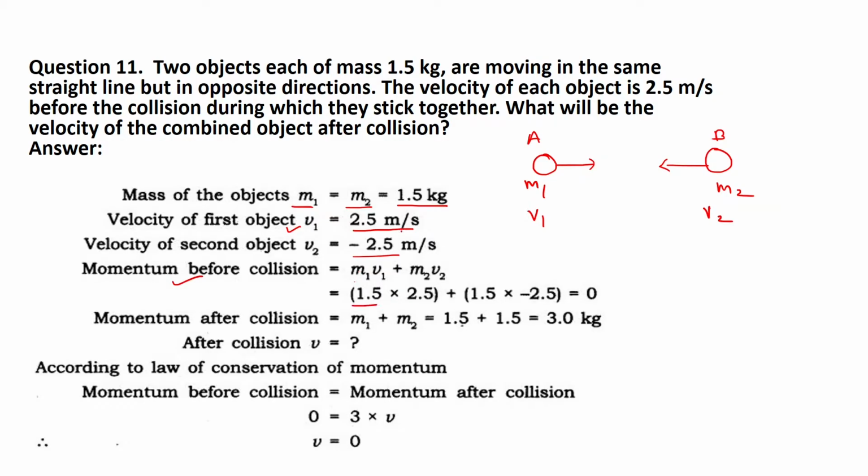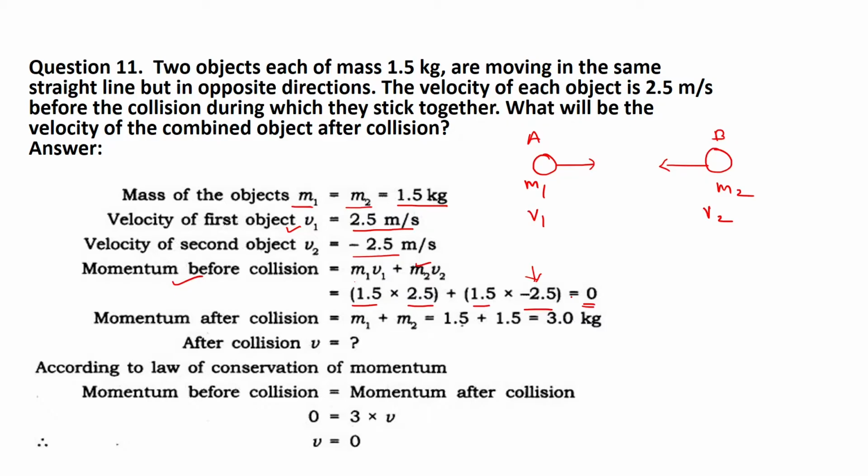The initial velocity is 2.5 meter per second, plus then mass m2, that is the mass of the second object, the same 1.5, and velocity 2.5 in the opposite direction. So we have taken it negative, minus 2.5. We will do the simple multiplication, but this multiplication will be the same, and there will be the negative sign in between them. Therefore this subtraction will be equal to 0. So we can do simple multiplication and we will find that this subtraction is 0.